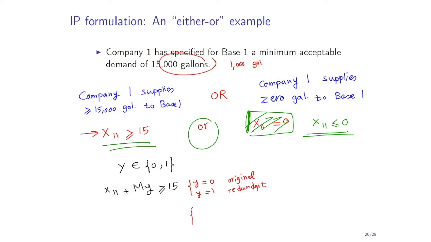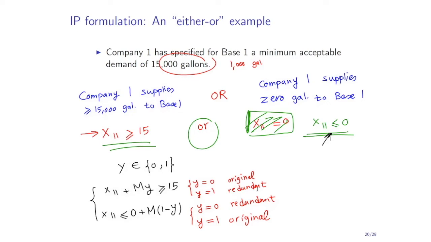For the other constraint, if y is 0, I want it to become redundant, so it is the same switch. For y equal 1, I want it to be original. So it can be x11 less than or equal 0 plus M times (1 minus y).